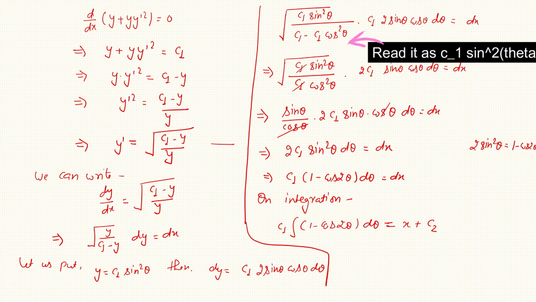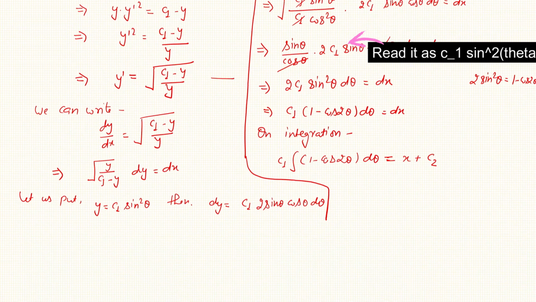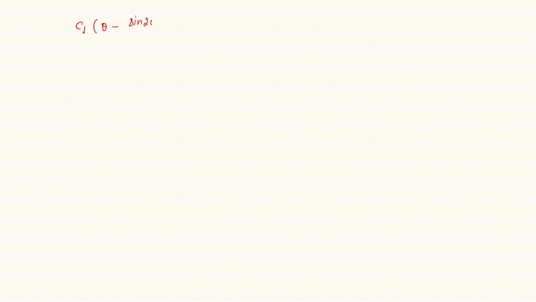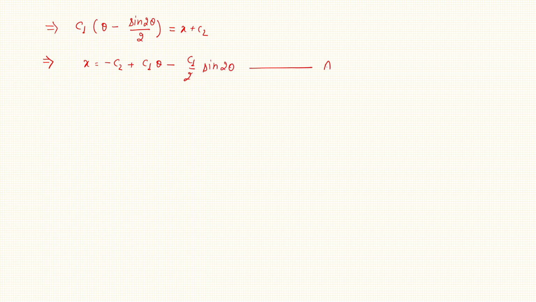Then finally we can write c1 (theta minus sin 2 theta by 2) is equal to x plus c2. This implies x is equal to minus c2 plus c1 theta minus c1 by 2 sin 2 theta. Let us say equation A.